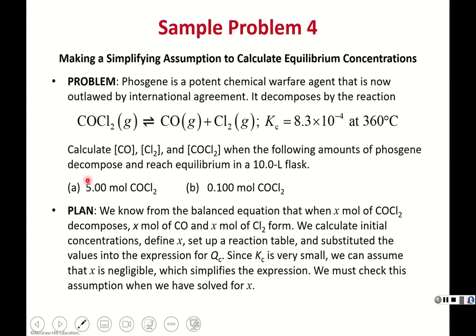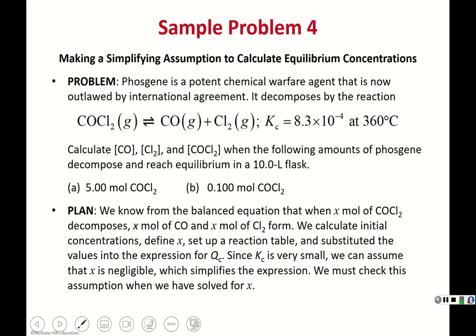So in case A, we have a larger concentration, so we can probably use this simplifying assumption. And in the second case, we have a smaller reactant concentration, so this is where we're not going to be able to use that.